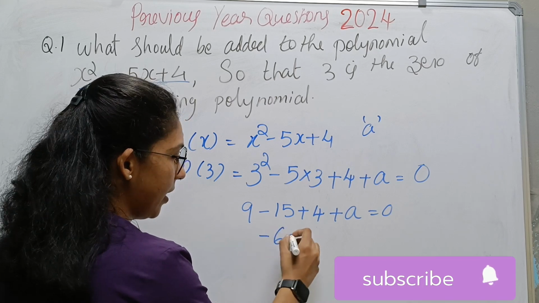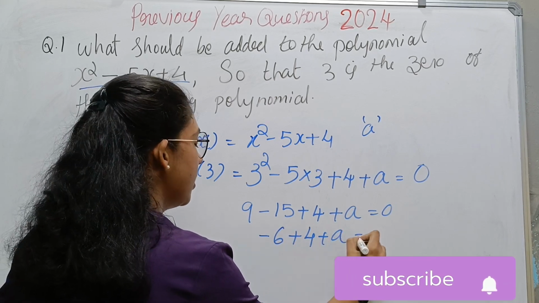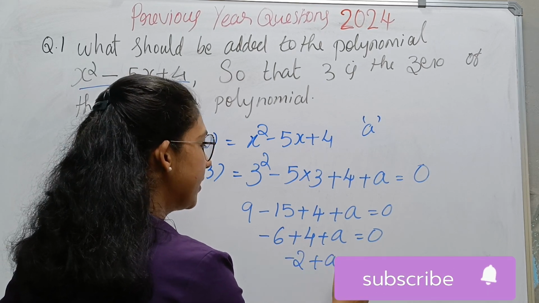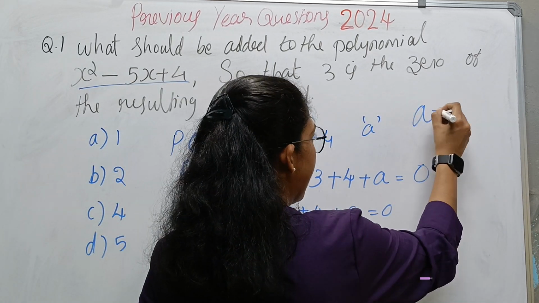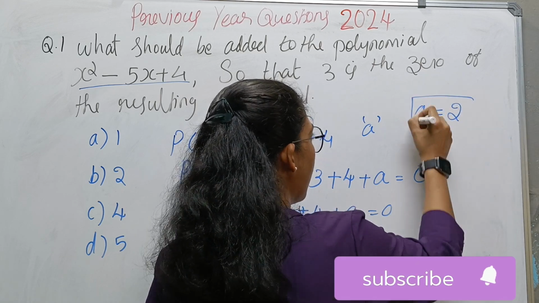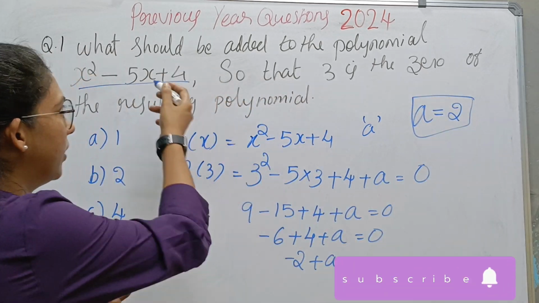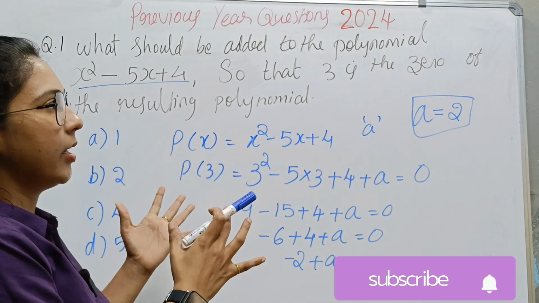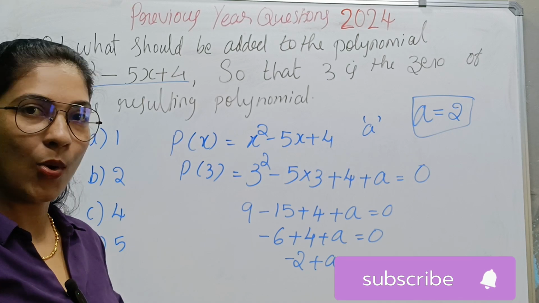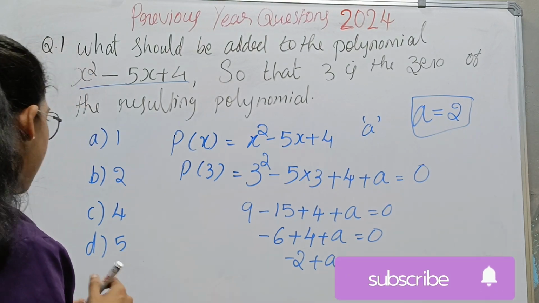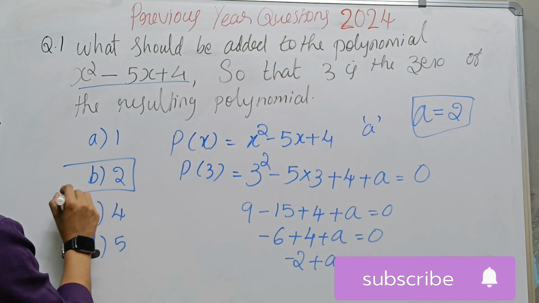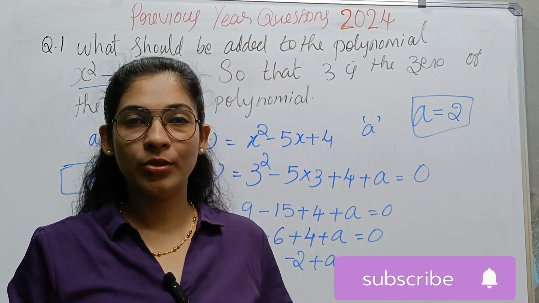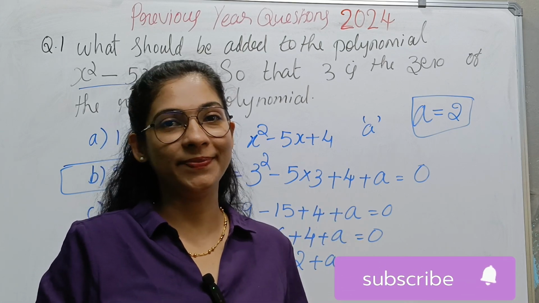It is minus 6 plus 4 plus a is equal to 0. Minus 6 plus 4 is minus 2 plus a, which is equal to 0. That is, a is equal to 2. If we add 2 to the polynomial, then 3 is a zero of this polynomial. So this is the answer, option B is the right option.